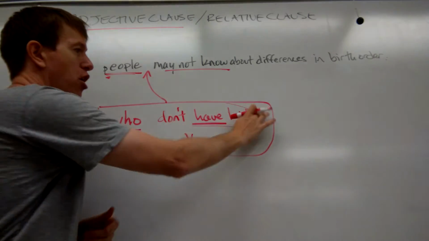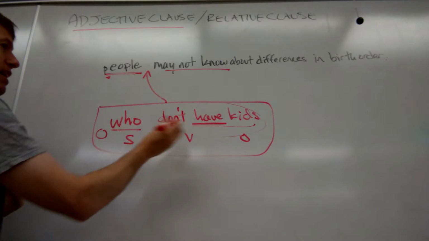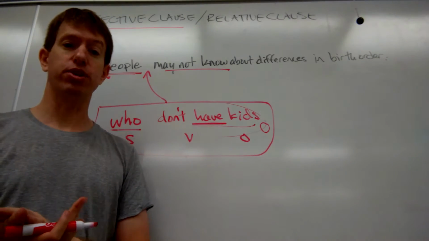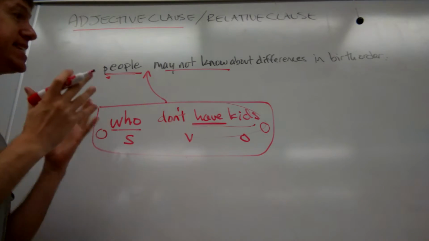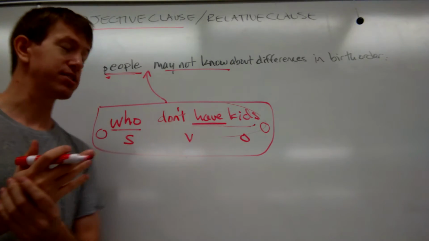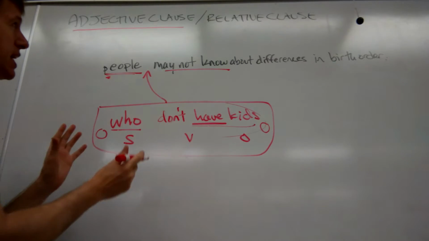Just one other quick note, punctuation. We will not put a comma here or here in this case. And the reason we don't do it is because this is known as a necessary or identifying relative clause or adjective clause. Why is it necessary?